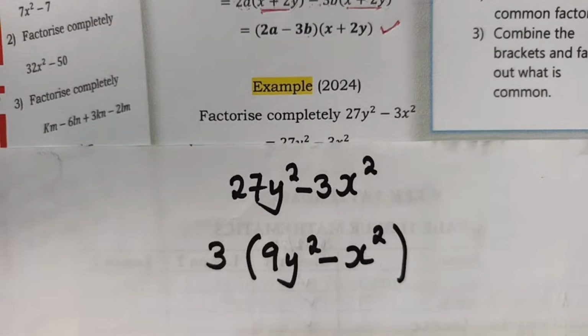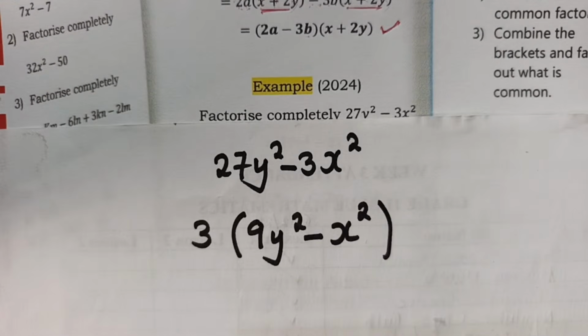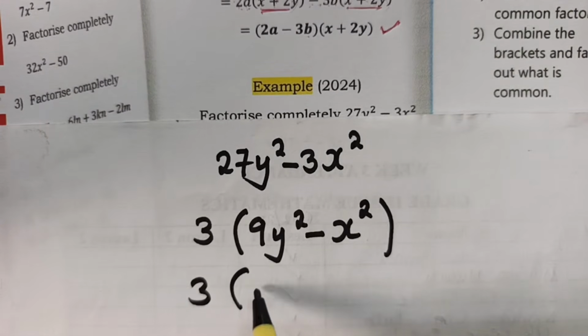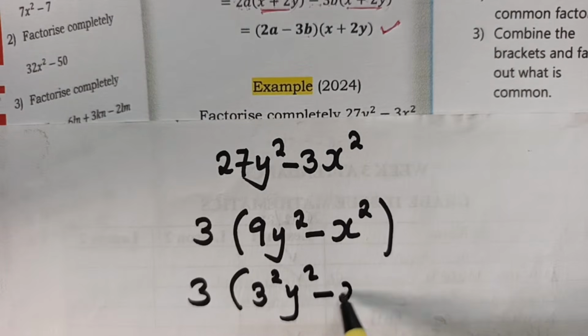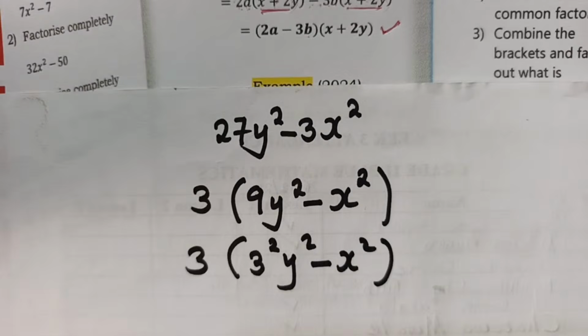I can see some people have started solving already. Let me finish up this. So here you say 3, and then open bracket, 3y squared minus x squared. Remember, for difference of two squares, everything must have a power 2.